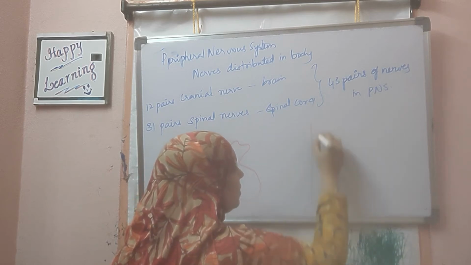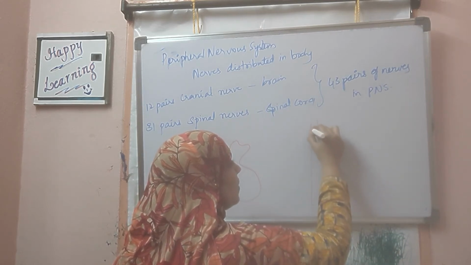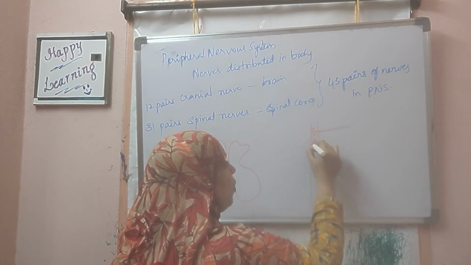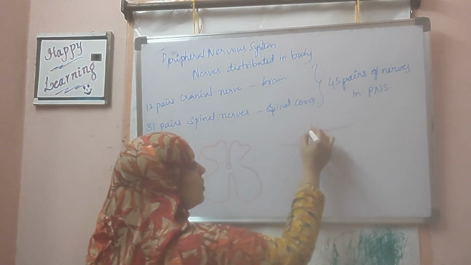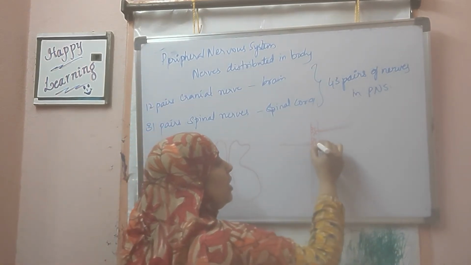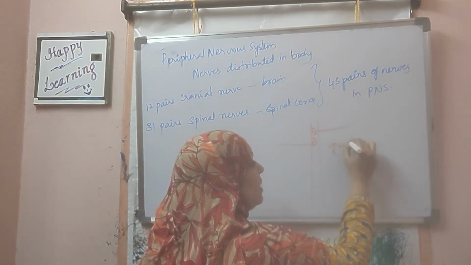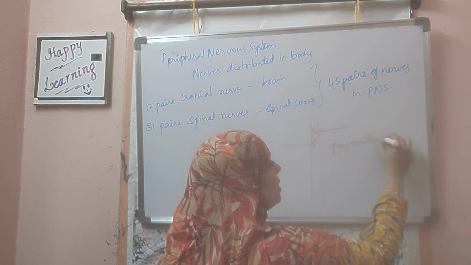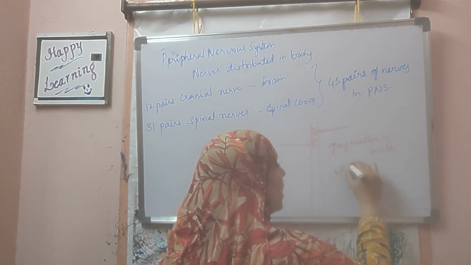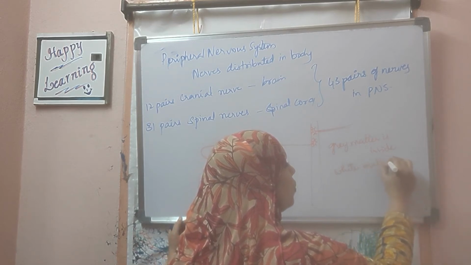All the cell bodies are present inside and the axons are distributed outside. So this is the reason why in the spinal cord, grey matter is inside and white matter is outside.